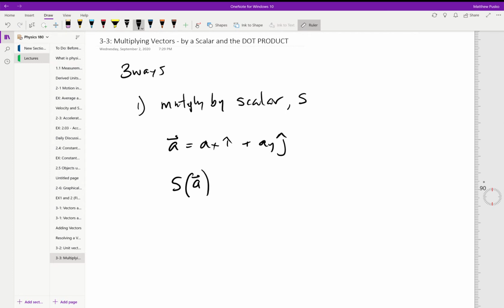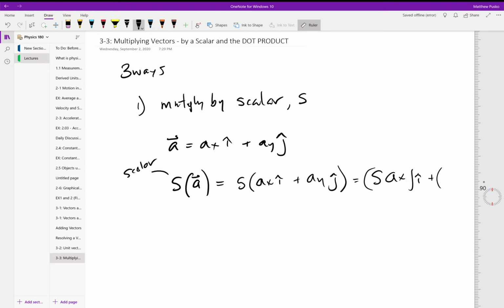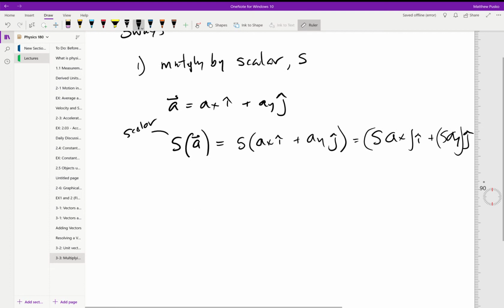S times the vector a, where s is a scalar and just a number, it's not a vector, then we would just multiply s by the whole vector, which would give us s times a sub x in the i direction and s times a sub y in the j direction. Alright, that's easy. Okay, so if you're multiplying by a scalar, you just literally multiply the two things together.